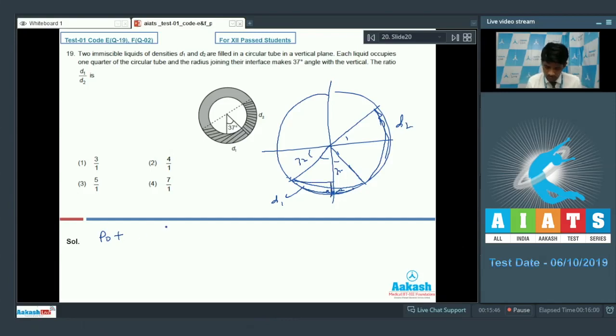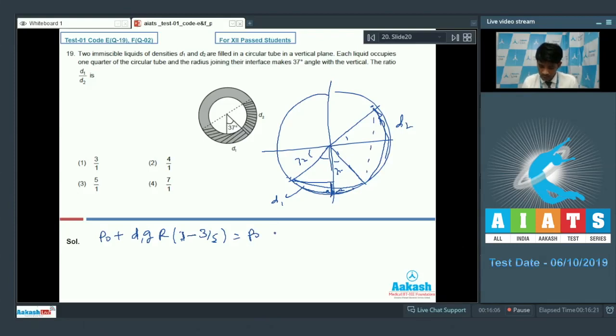I would say rho, it is D1 G, this is the height here, it is R minus R cos 53. Cos 53 means it would be 3 by 5, must be equal to P0 here.